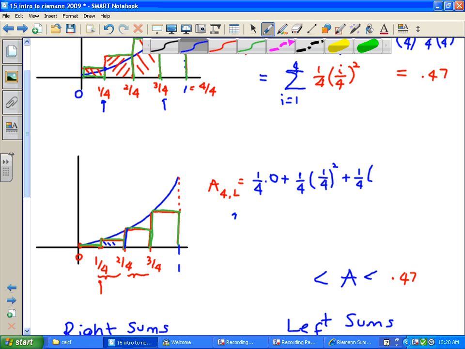Now we plug this point into the function to get the height there, right? So 2/4 squared. And somebody other than Ryan, please, tell me the last one. I'm glad that he's able to get them, but I want to see everybody getting them. So how do you find the area of the last one? The base is 1/4, and the height is, say it again, please? 3/4 squared, because now you took the left endpoint to get your height. So that will be times, as Daniel suggested, 3/4 squared.